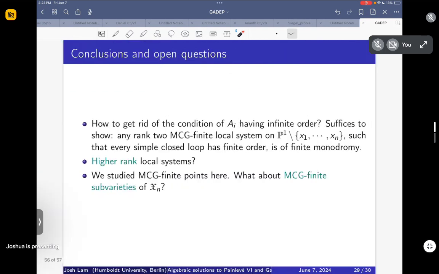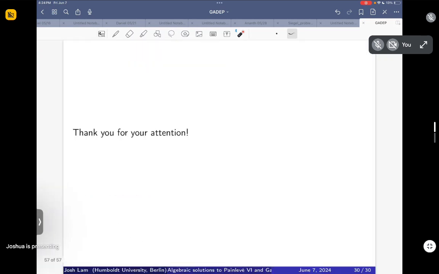I also want to say something about, instead of just looking at MCG finite points, you can ask about MCG finite subvarieties. Again, there are some easy examples that you can produce, and you can try to classify not only MCG finite points, but MCG finite subvarieties of this X_n.